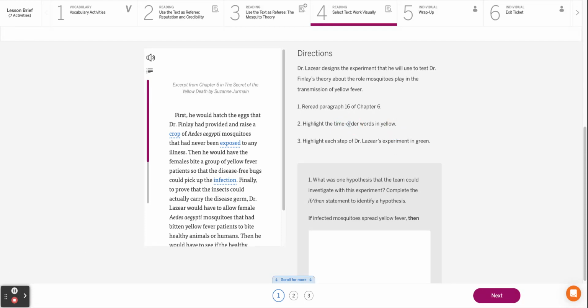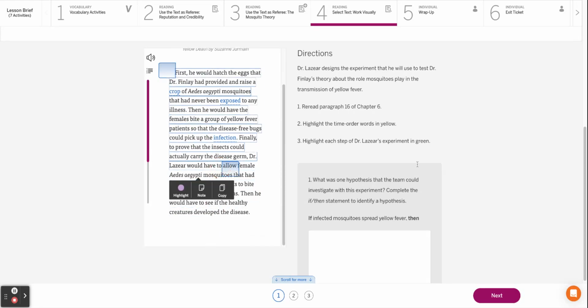Time order words: first, last, then, next. Highlight each step of Dr. Lazier's experiment in green. All right, and that doesn't mean highlight the whole thing. That means highlight each step. So I should see gaps in your highlights.